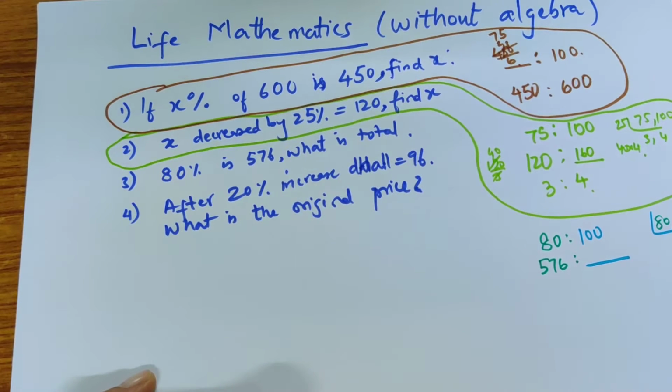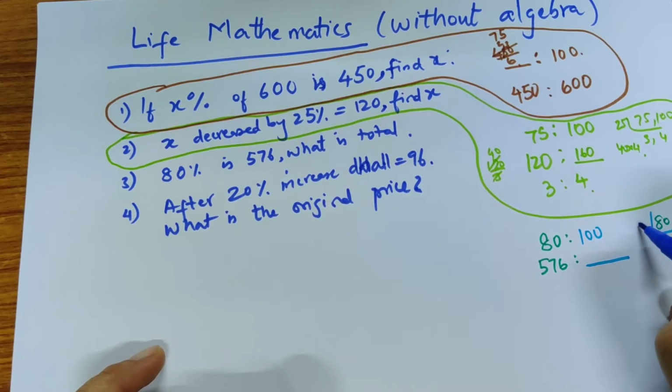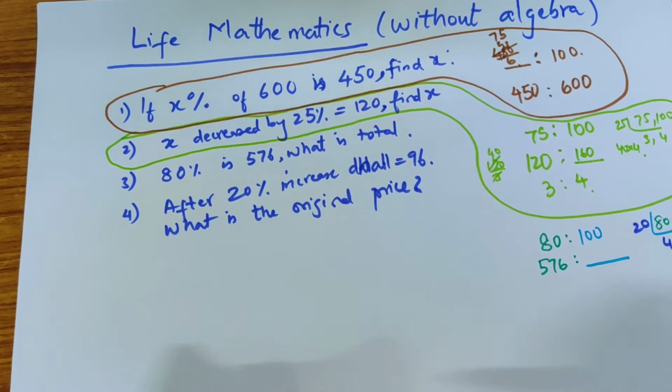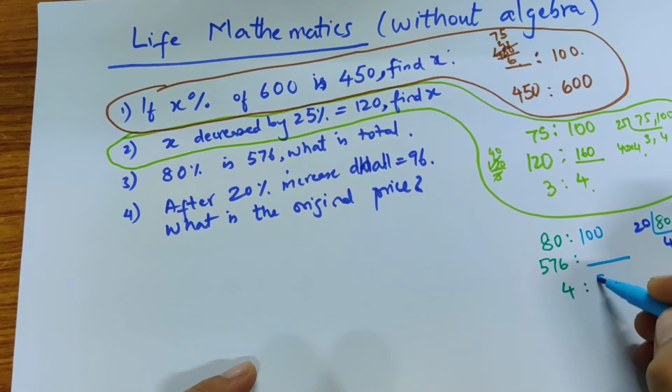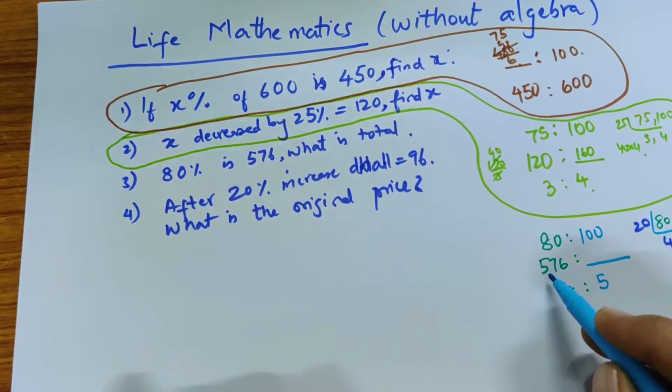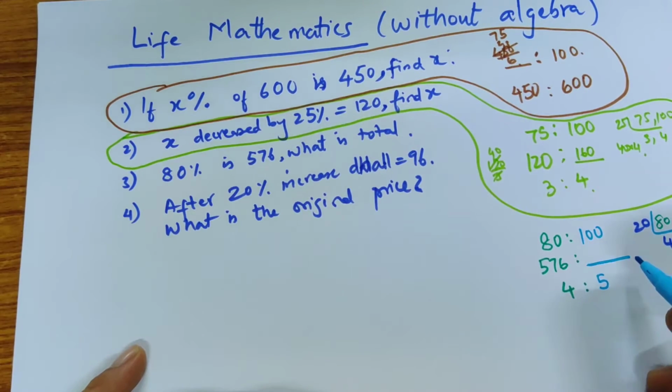Let's take out some common things, 20, right? So 20 will give you 4, 5. So this number is 4 is to 5. That's the original smallest form. So now what will be 576 to what? So 576 by 4.